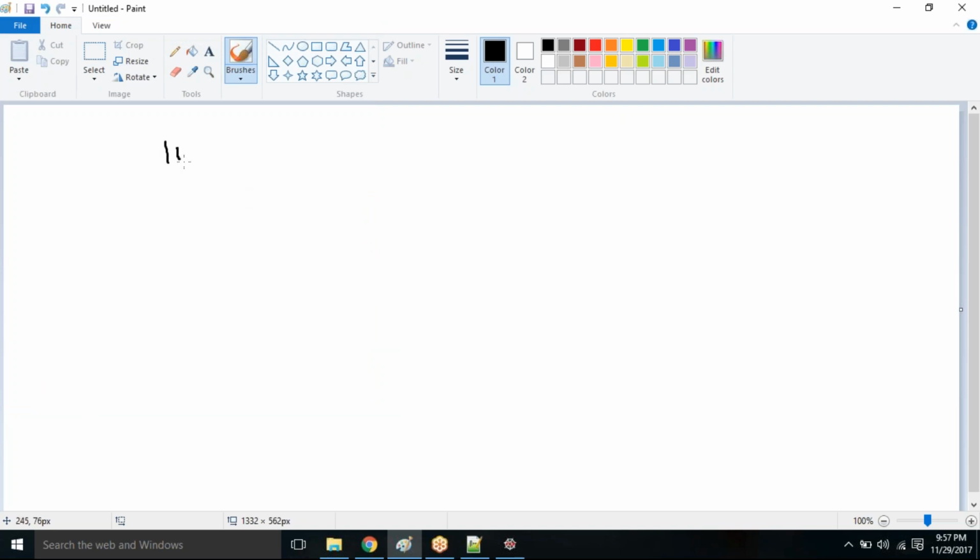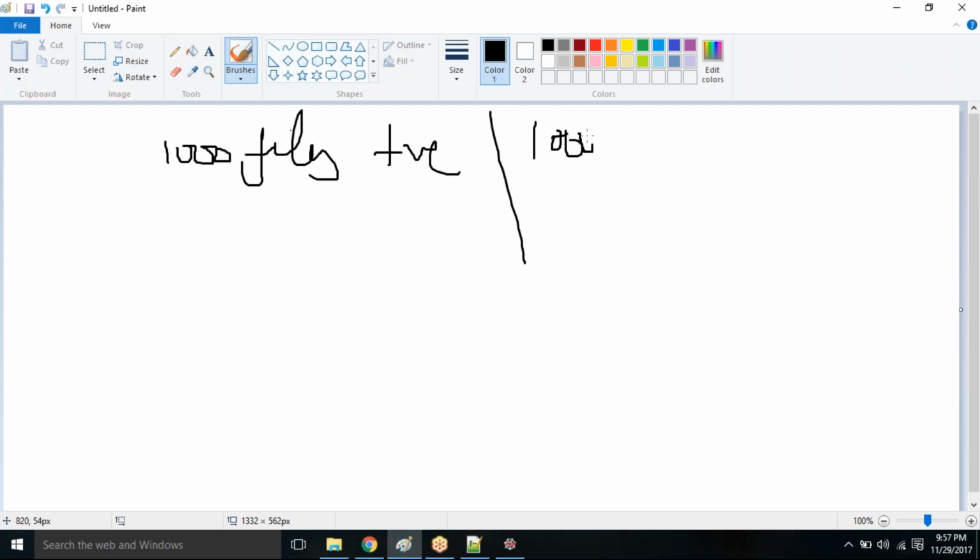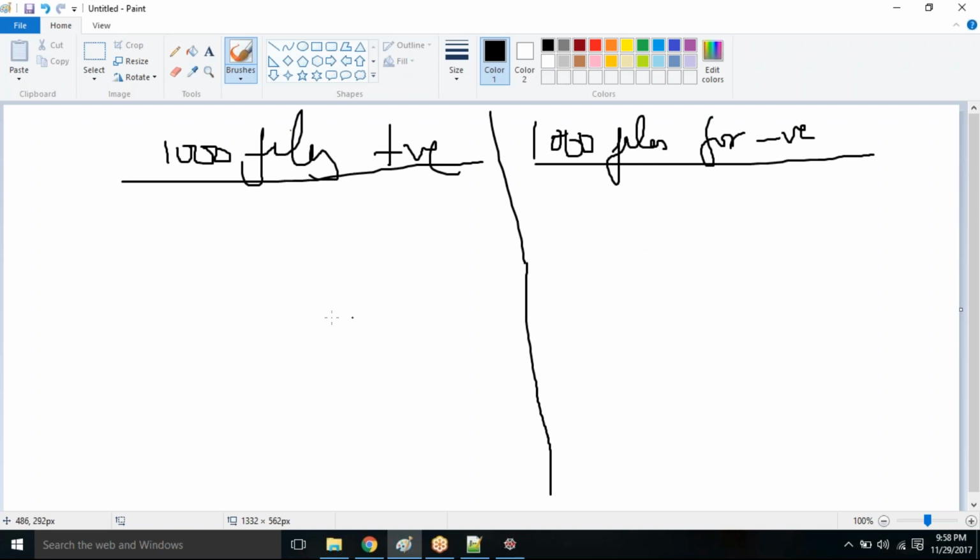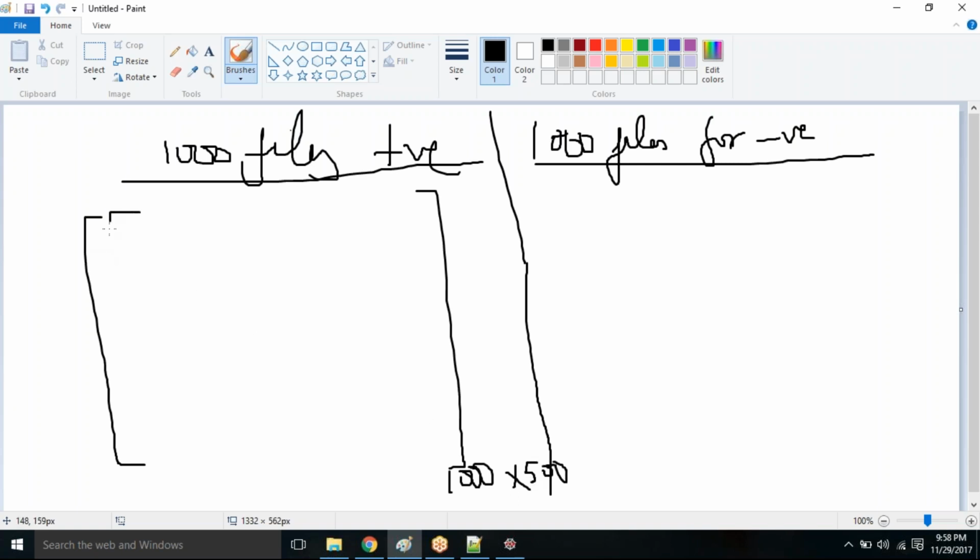If you have 1,000 files for positive, and similarly 1,000 files for negative, let's say we take 500, so it will be a 500 long vector, or let's say a maximum of 5,000.